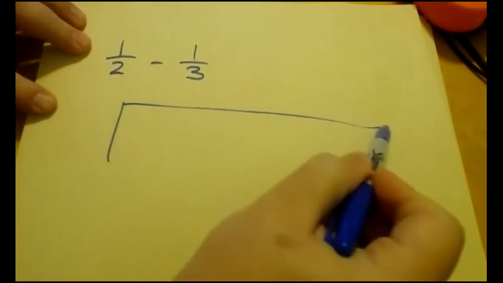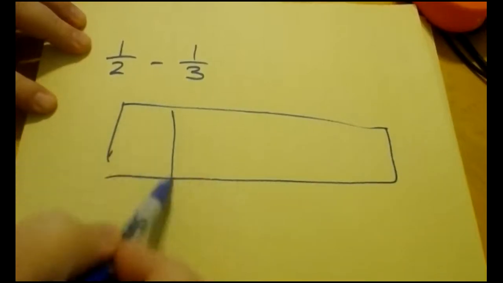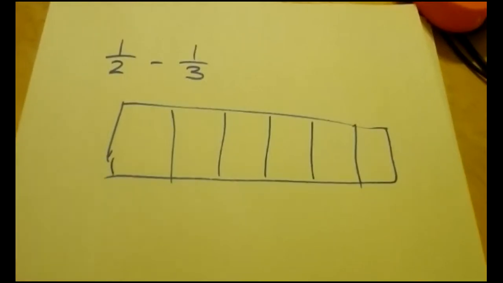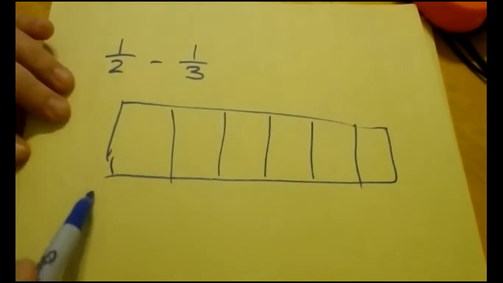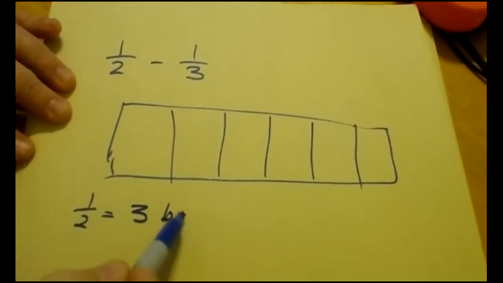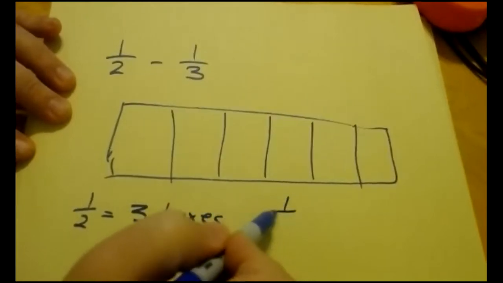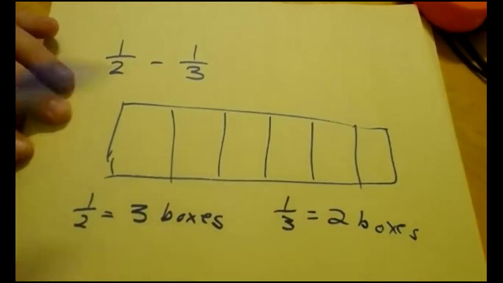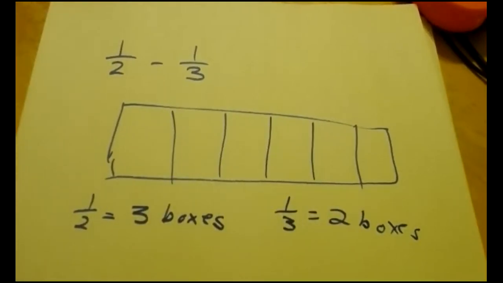And you have a strip diagram rectangle cut into 6 parts, like so. Now, you could think to yourself, okay, 2 times 3 makes 6. So 1/2 equals 3 boxes. 1/3 equals 2 boxes. This is the same logic that came from the number line example.